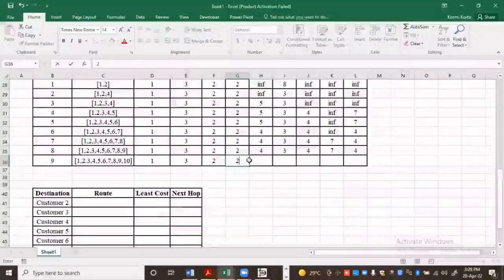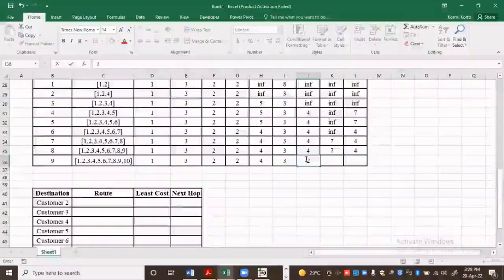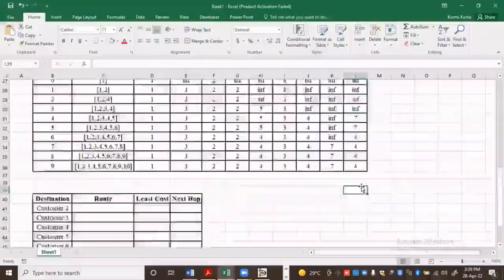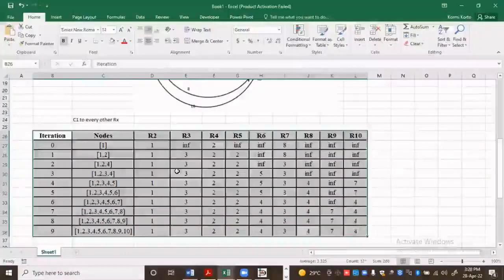I think it will still be 4, 3, 4, 7. Yes, 7 again. And then finally 4. So now that's your tabulated Dijkstra algorithm cost associated with this particular network.